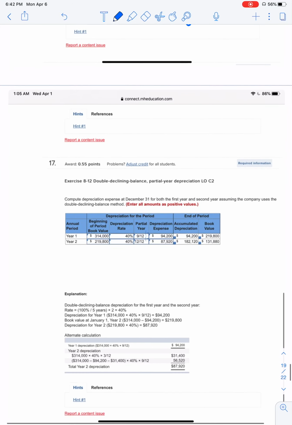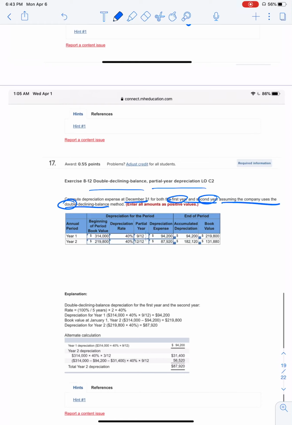Now for 17, we're going to look at this with double declining balance and partial year depreciation. So in this case, we're computing depreciation expense at December 31st for the first year and second year, assuming the company uses the declining balance method, specifically the double declining balance method.